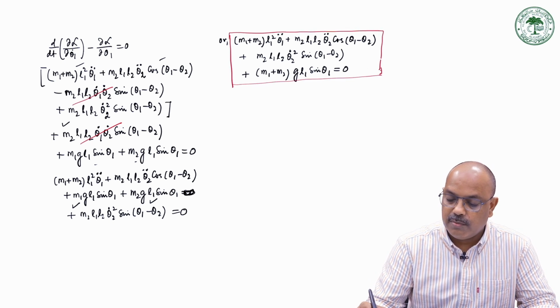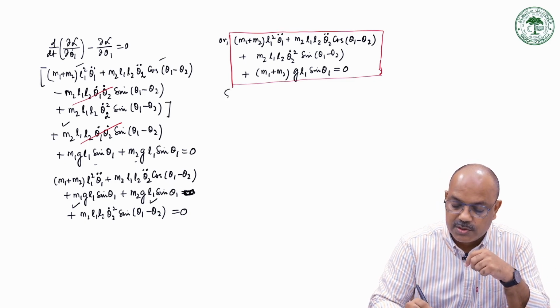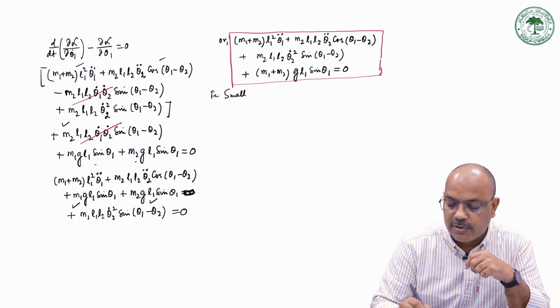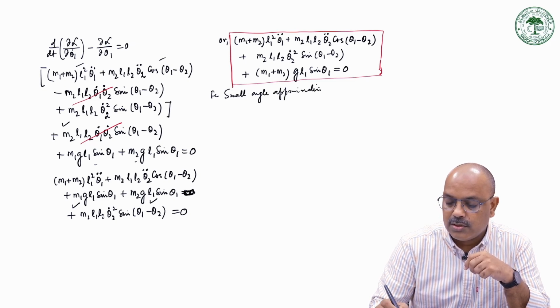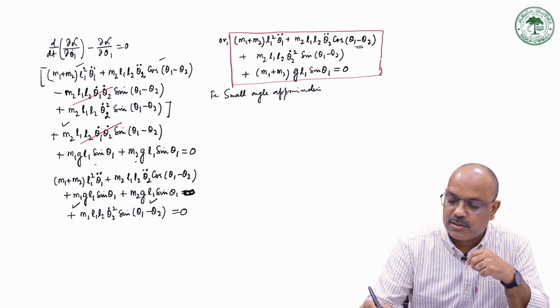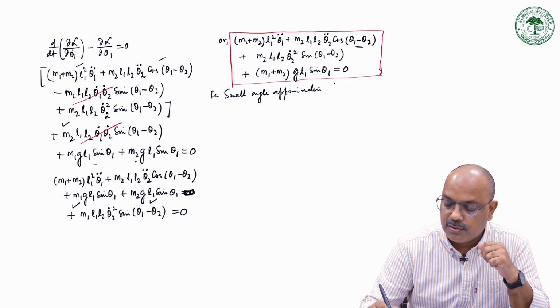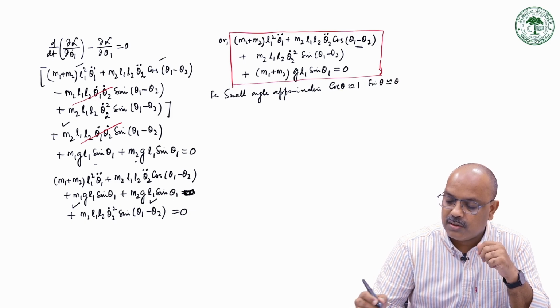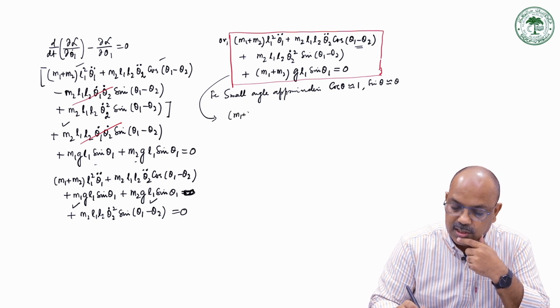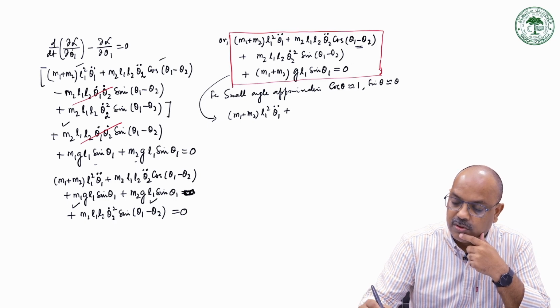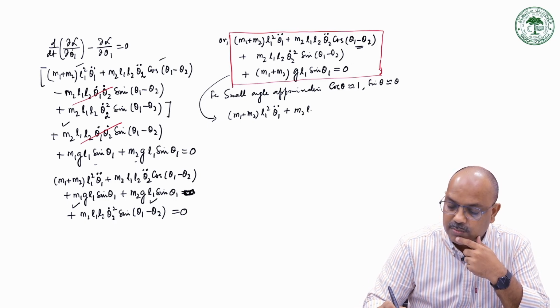Now if you apply the small angle approximation, cos(theta 1 minus theta 2) is going to be 1, and sine theta is theta. So this becomes (m1 plus m2) L1 square theta 1 double dot plus m2 L1 L2 theta 2 double dot.